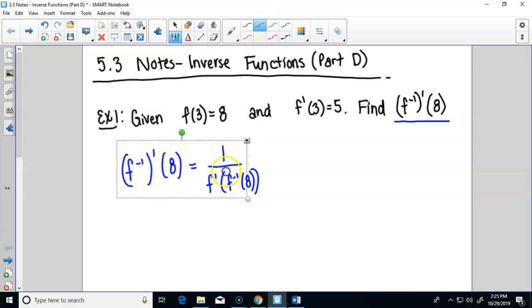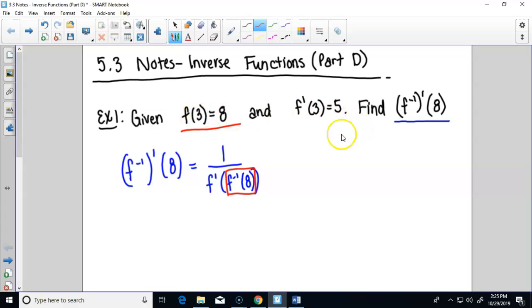So the first thing that we have to find here is this f inverse of 8. But it doesn't give us f inverse of 8. But it gives us the information we need to find f inverse of 8 because it tells us f of 3 equals 8.